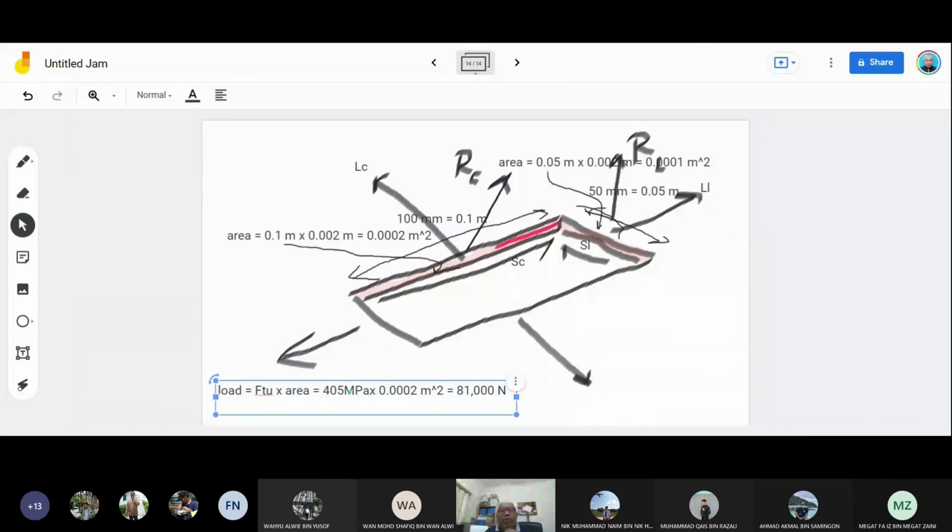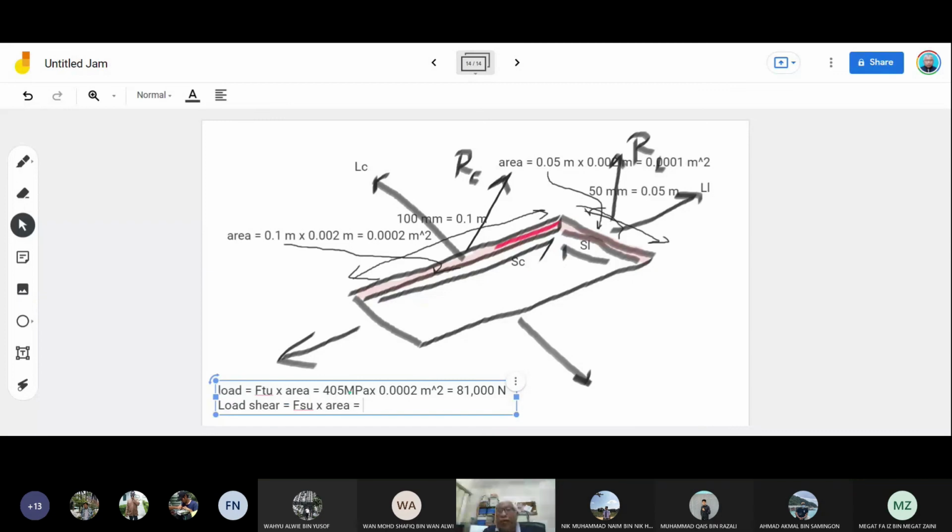And then for the load due to the shear, FSU times area.